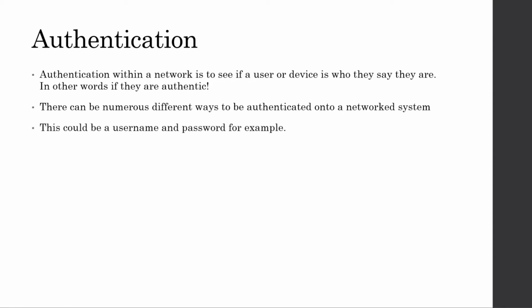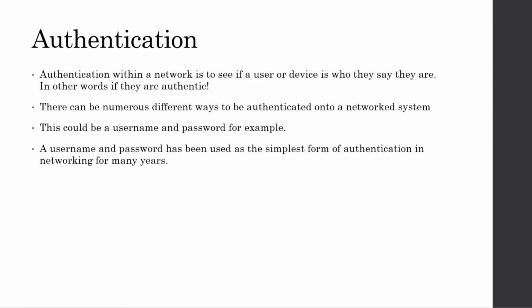Username and password is still the main one we use for a lot of websites because it's quick and easy to put in. But because it's quick and easy, it can have a lot of issues behind it. It's been used for many years because it's very common and easy to understand. That's why it's still used now, but it's not the most ideal form of authentication, really.